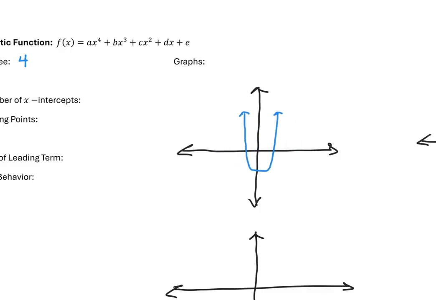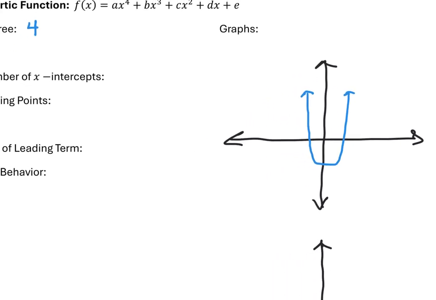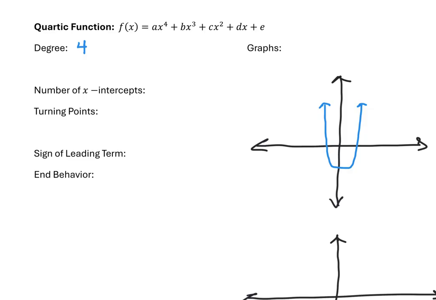So this particular configuration can have 0, where it's above the x-axis, 1, where that middle point is on the x-axis, or 2. For this, we also have one turning point. We are decreasing, and then when we get down to that lowest point, we're increasing. And so we have one turning point.